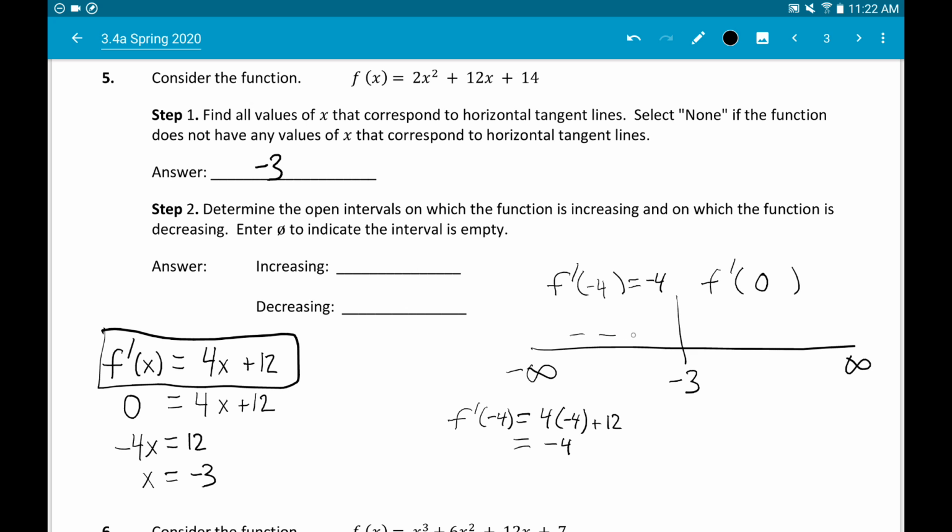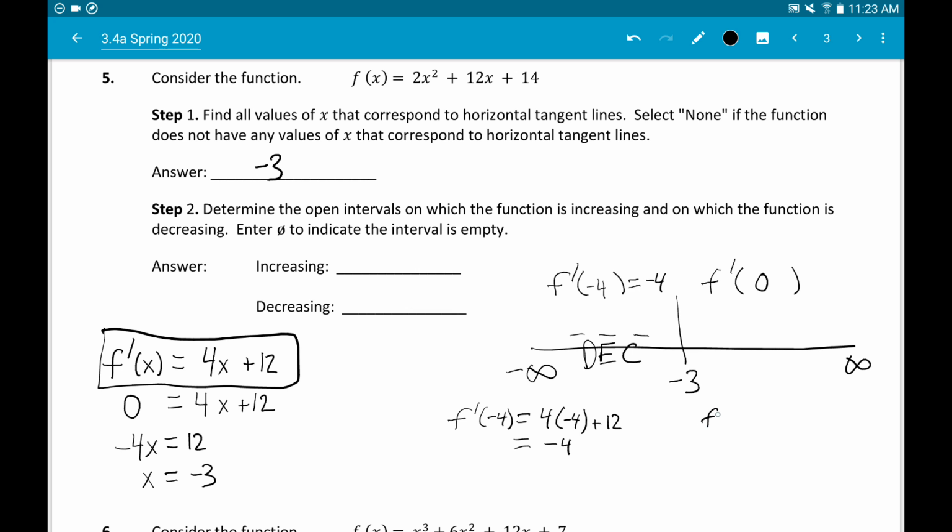So I'm going to put some minus signs here. In other words, this is a decreasing interval because the values are negative. Now again, if you picked any other value in that interval, it would always come out negative. Okay, so again, I picked negative 4. You don't actually have to pick that. You could pick negative 5 or negative 6 or negative 10, whatever you want, as long as it's in that interval.